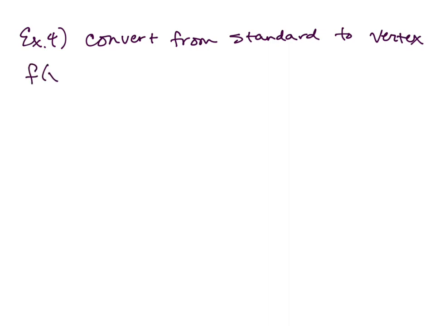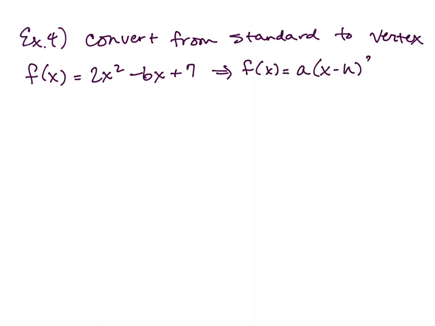Given f of x is equal to 2x squared minus 6x plus 7, we want to write this in vertex form, which says f of x equals a times x minus h squared plus k.